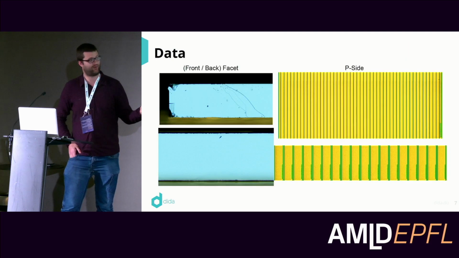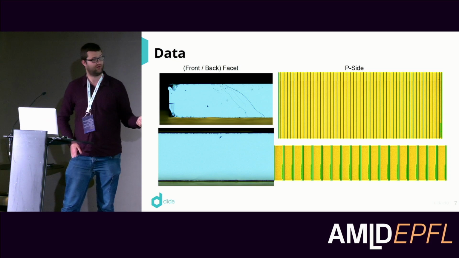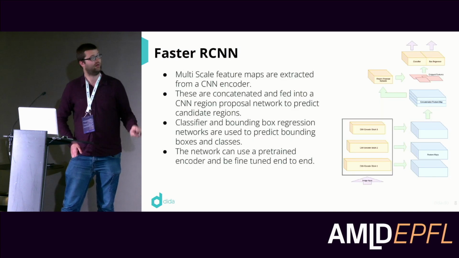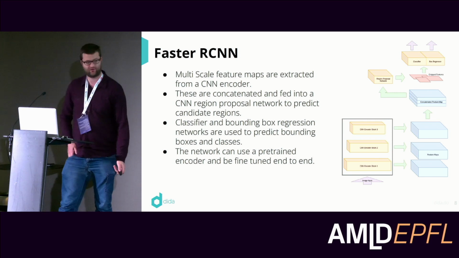So the way we're going to solve this is we train a Faster R-CNN, an object detection model, to draw a box around each individual defect. This is what a Faster R-CNN looks like. You take features from a standard CNN, which you can get pre-trained, and then fine-tune it.